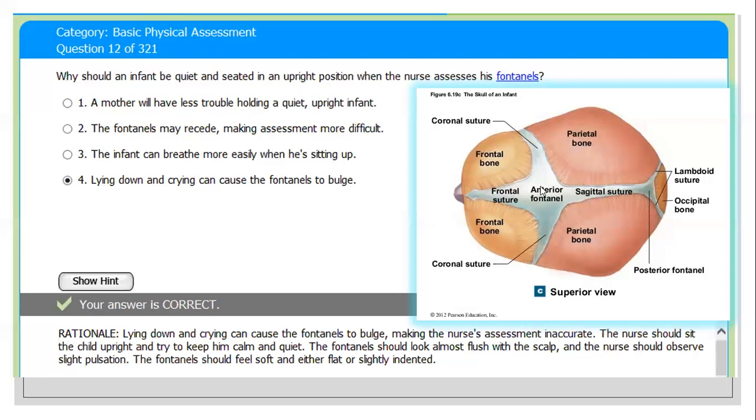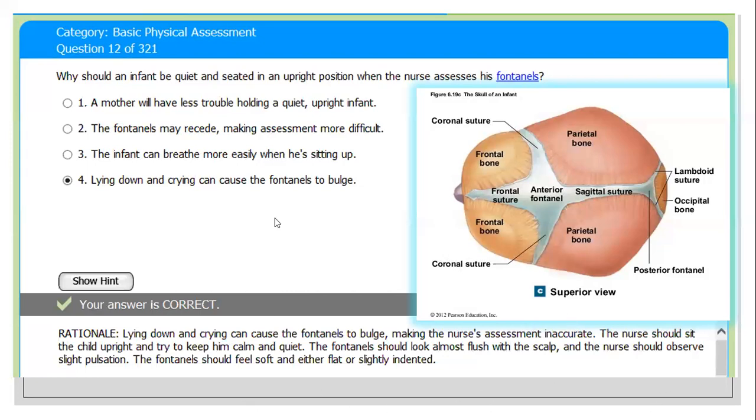This is the soft spot. It is an anatomical feature of the baby's skull. A baby usually has 6 fontanels that consist of membranous tissue in the area where the adult skull sutures are found. Fontanels allow the skull to pass through the birth canal and also provide a means of expansion as the brain grows.